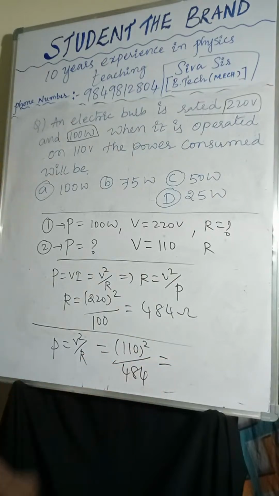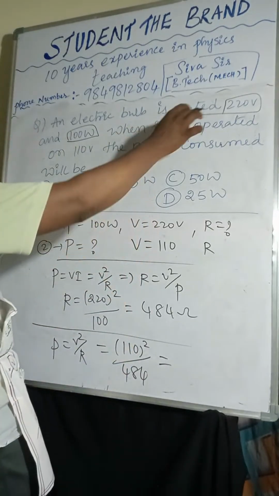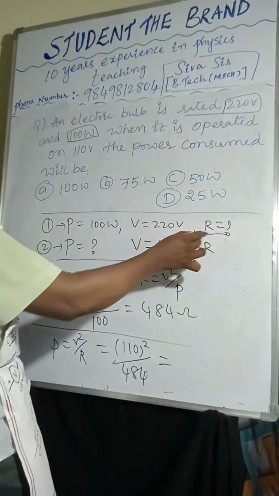Then solve, how much will you get? Tell me, which one is the option? Once again, power is given, potential difference is given, we can find out the R value.